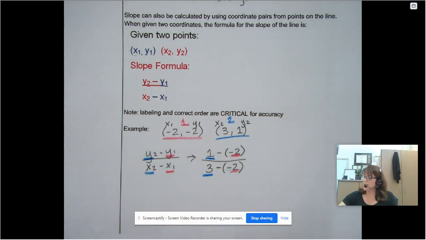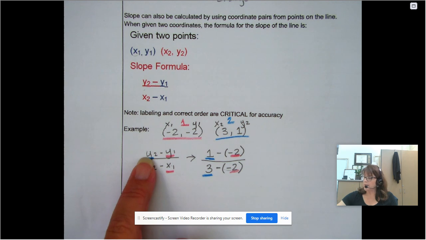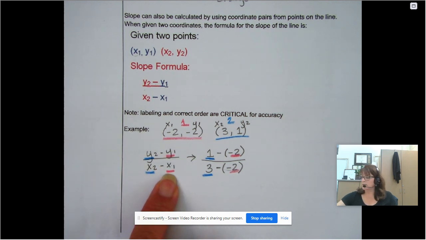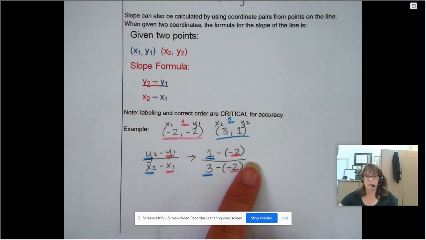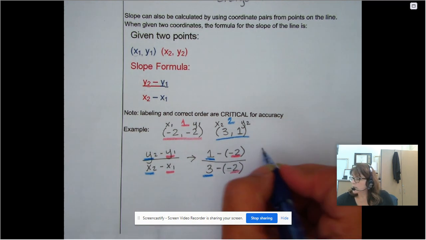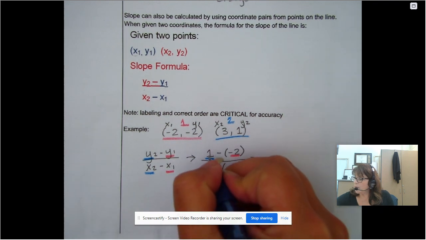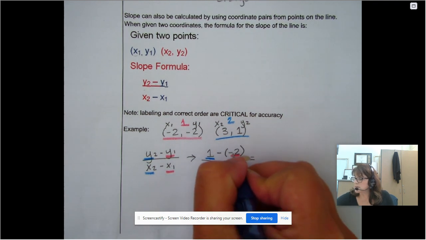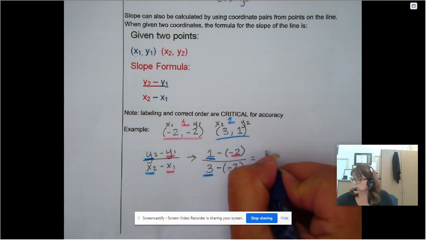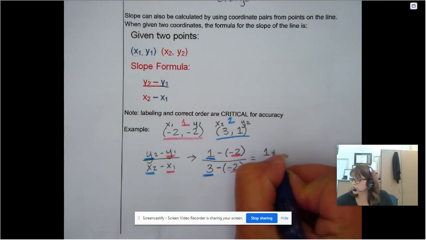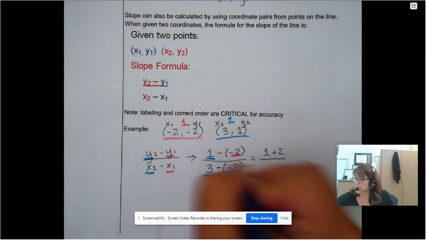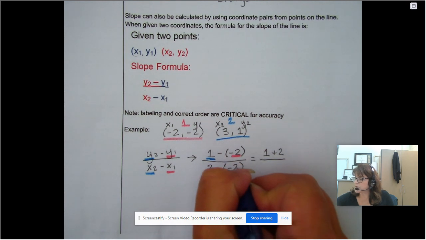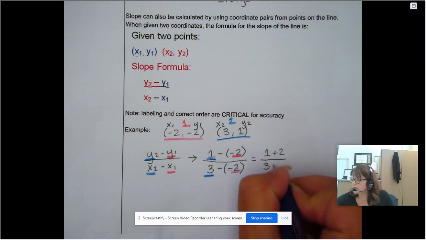Now notice I went with the colors as well. So you're seeing y2 minus y1, x2 minus x1 in a ratio or fraction setup. Well, 1 minus negative 2 is actually 1 plus 2. 3 minus negative 2 is actually 3 plus 2.